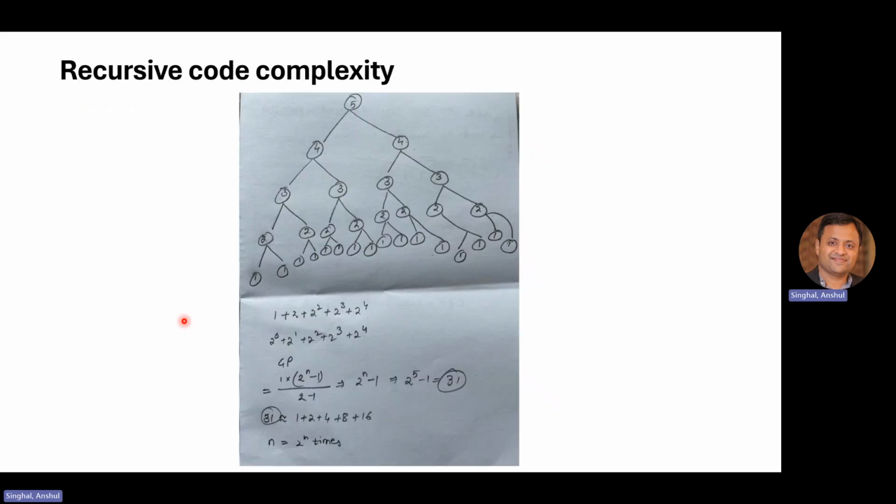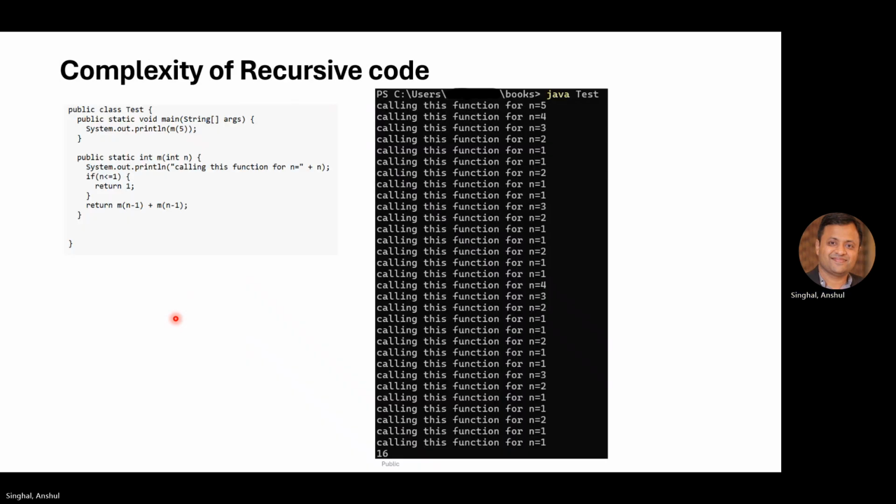I have tried to picturize this so that it can be understood easily. Let's say it was 5.